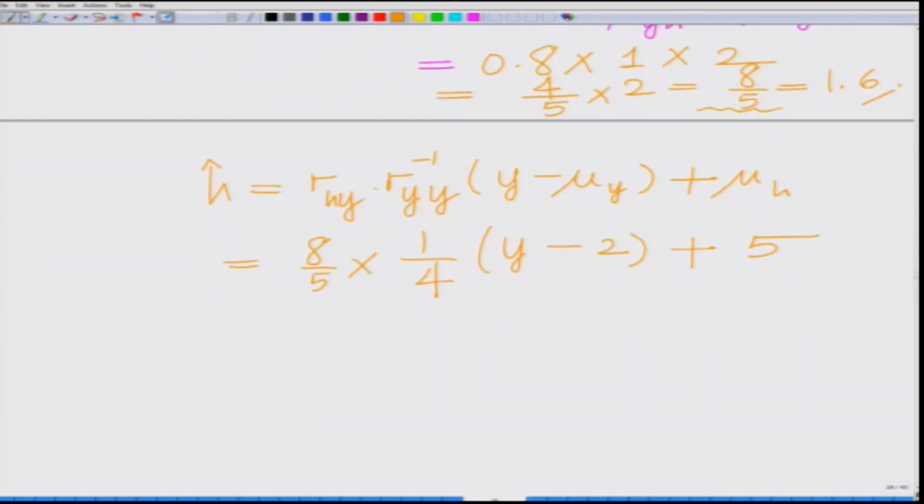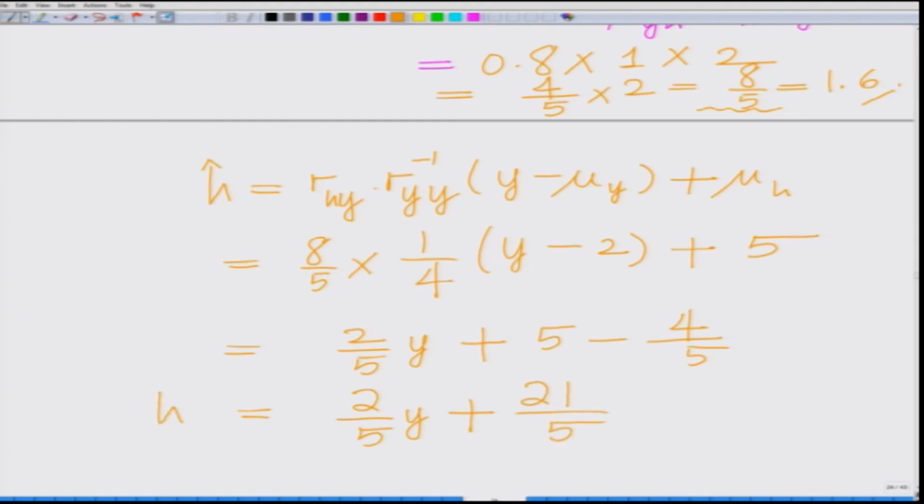So what this comes out to is 2 by 5 into (y minus 2), plus 5, or rather minus 4 by 5, which is basically your 2 by 5 y plus 21 by 5.